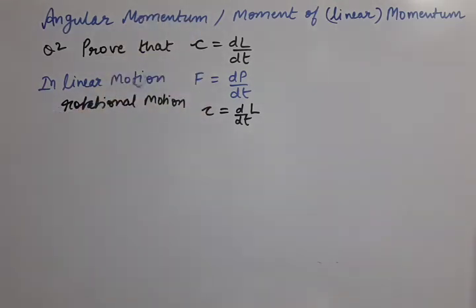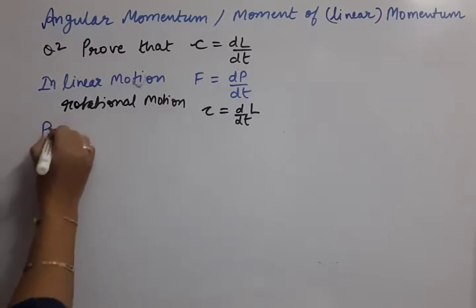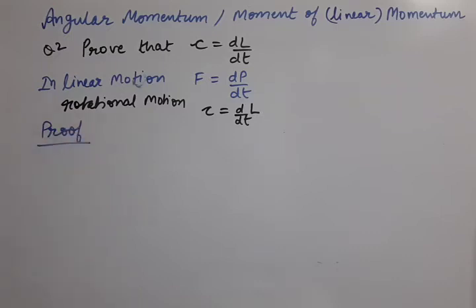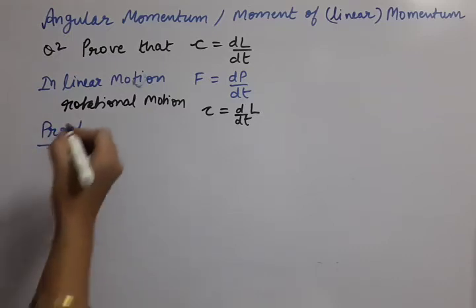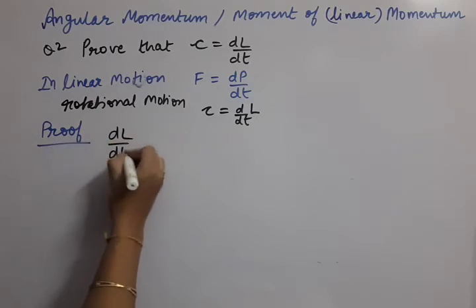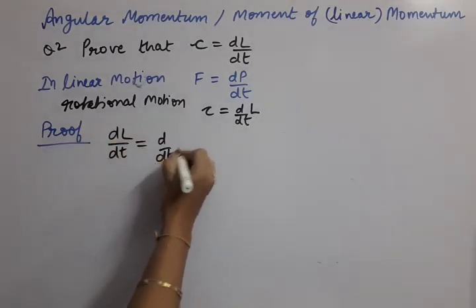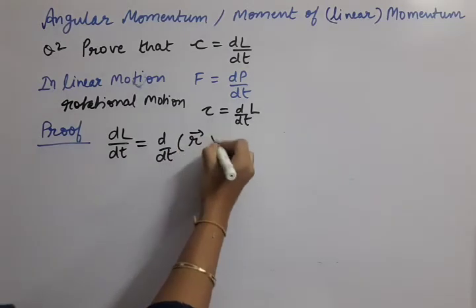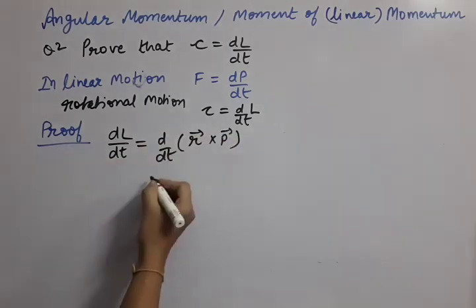So we need proper steps. We have some proper steps for proving it. So let us start the proof. How will we start? We will start with dL by dt. Then the L formula is R cross P. This we will apply.